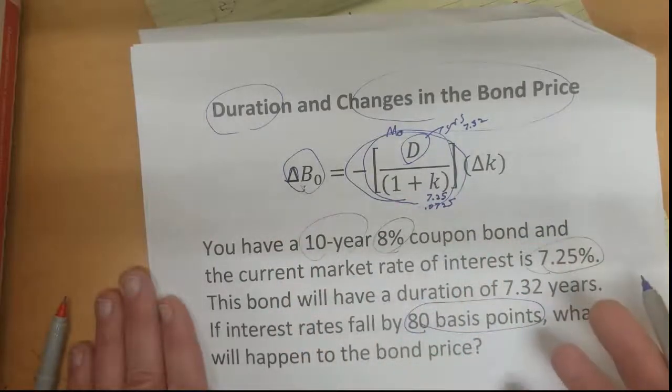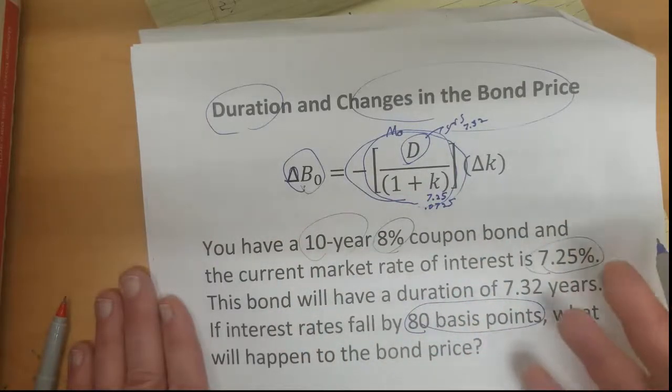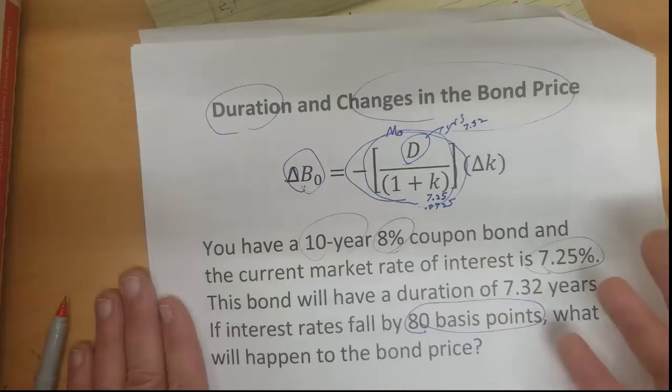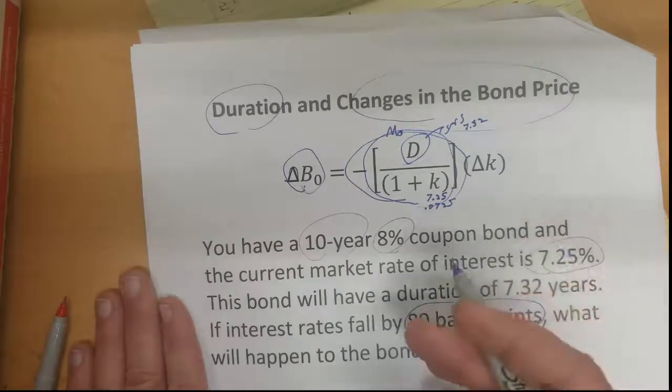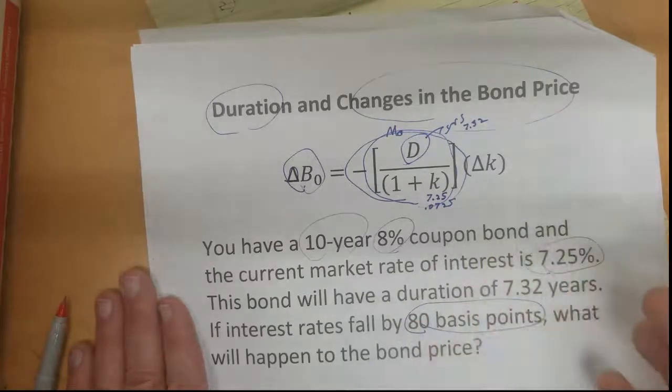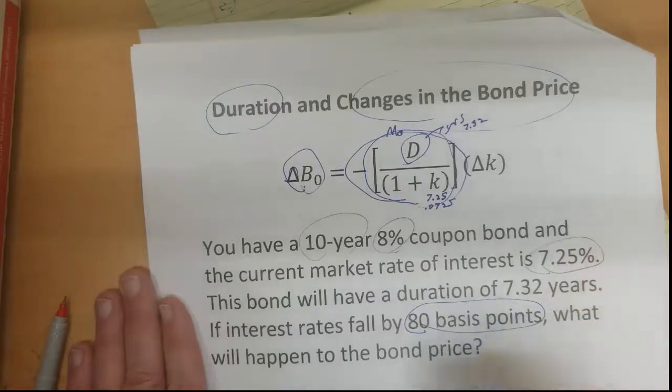Think about it: you can predict how a bond price is going to change given an interest rate movement. That's pretty handy, especially for loans, and you can work out changes in different components of a bond.